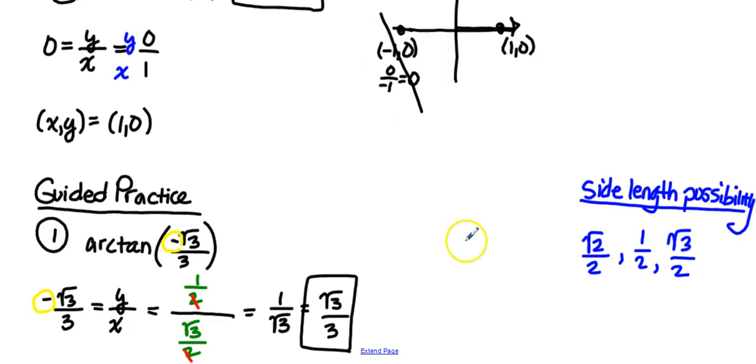Well, let's start our sketch and see if the sketch will help us out. From my knowledge of where inverse tan can be, I know I have to stay somewhere on the right half of the unit circle.